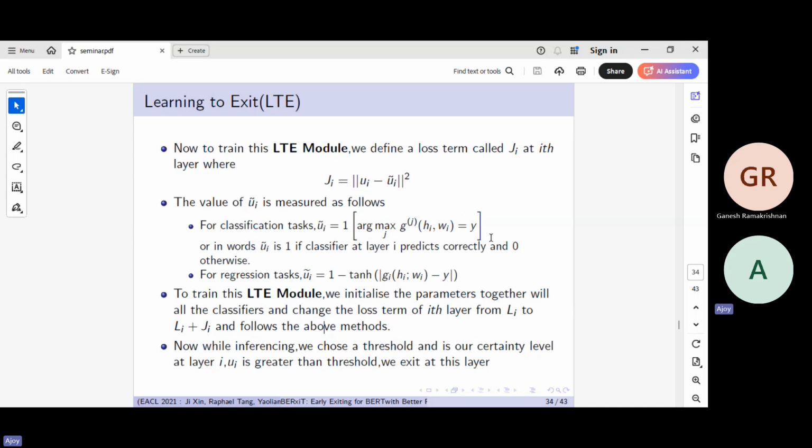For regression, they define a function. u_i is the confidence we measured from the LTE module. So to train this, instead of having L_i, just replace it with L_i plus J_i in all layers and use the previous methods.